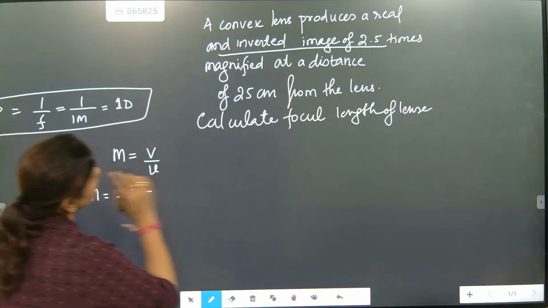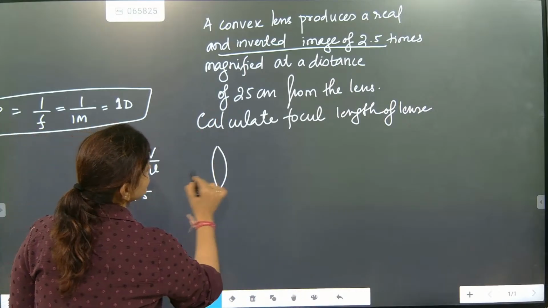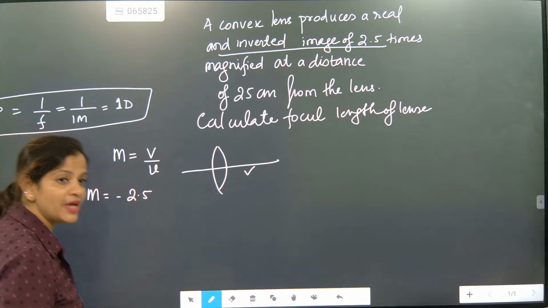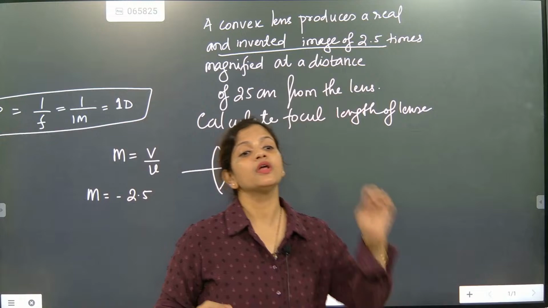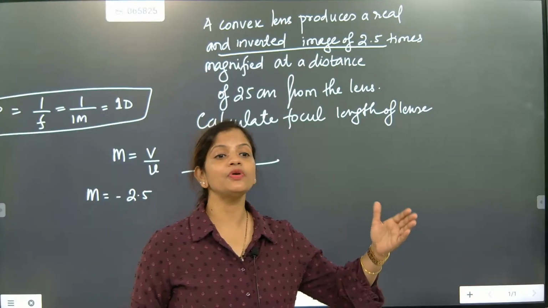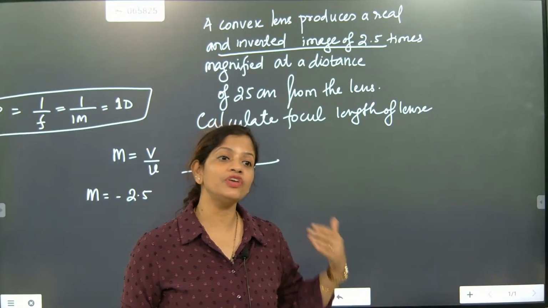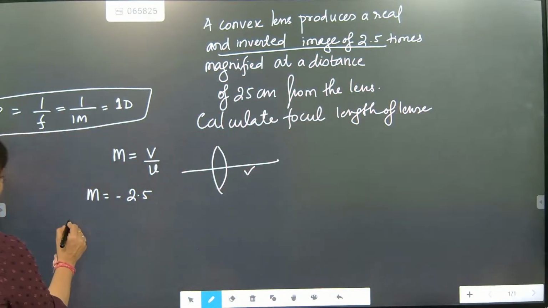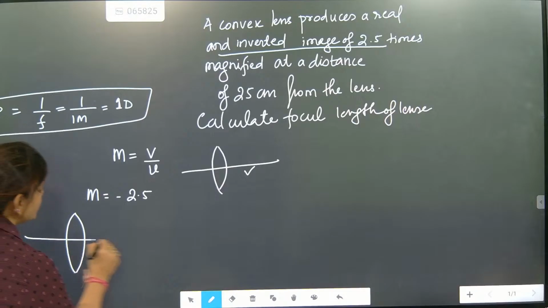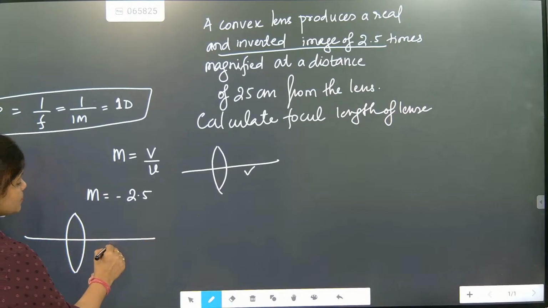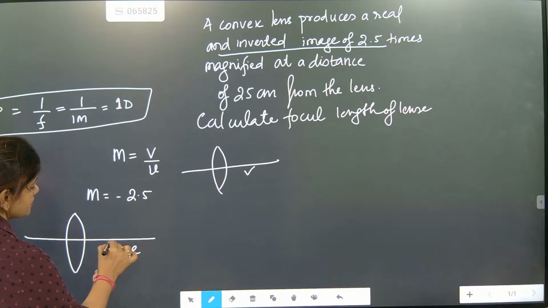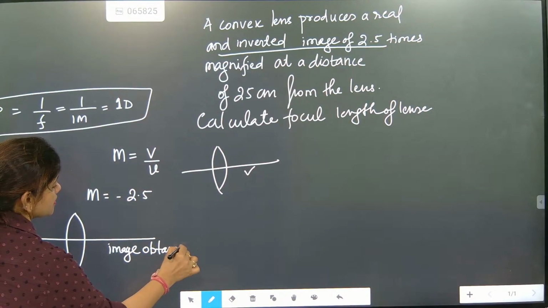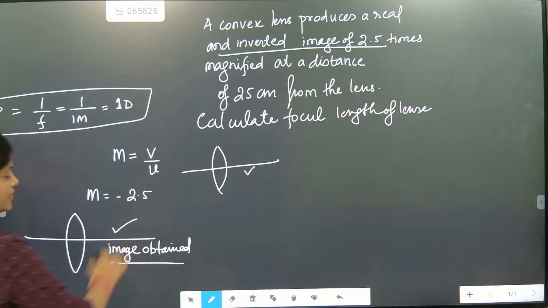And another thing, beta, a convex lens. So for a convex lens, the image will be obtained on the back side. So v will be positive. Always remember, for a concave lens the image will be obtained in front. So v will be negative. See, these are two things to catch here, so note this down. If you are using a convex lens, the image will be obtained on this side.